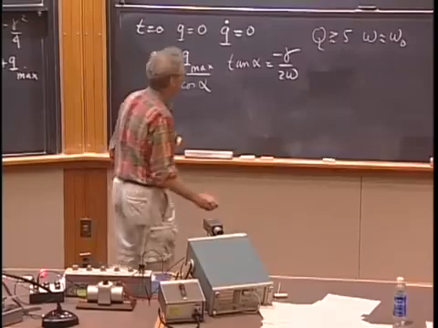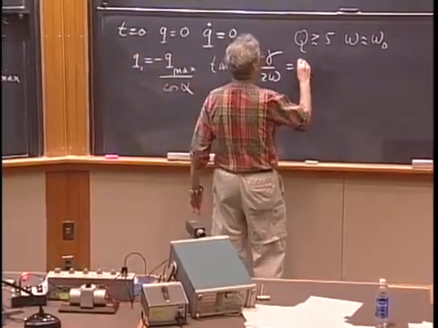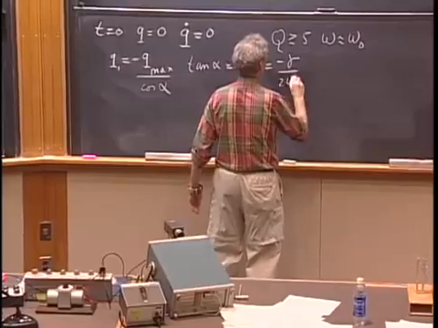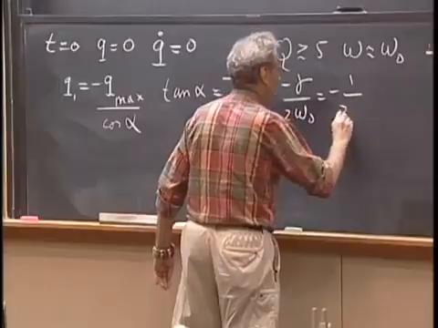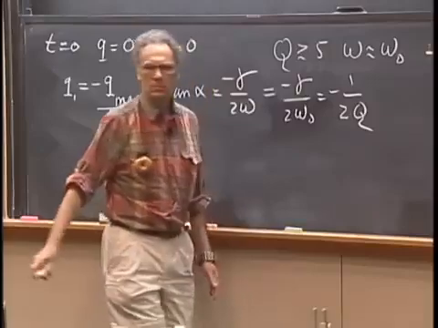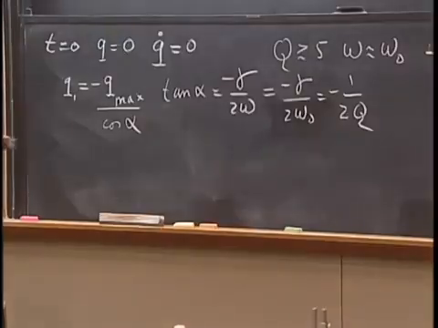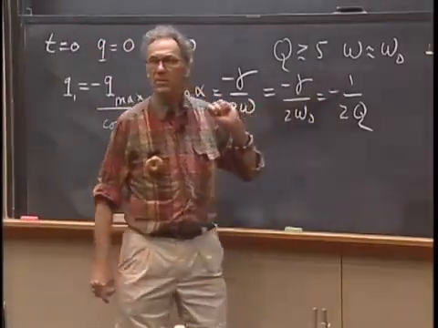So that means I can write for this minus gamma divided by 2 omega 0, which is minus 1 over 2Q. And if Q is 5 or larger, my goodness, this is 1/10, if we forget the minus sign now.